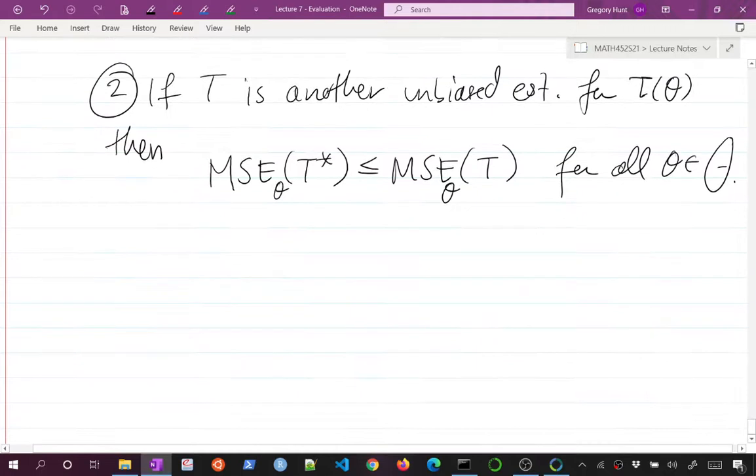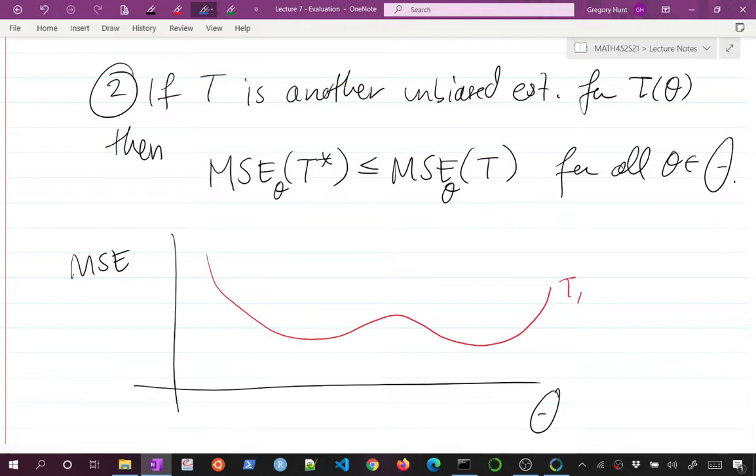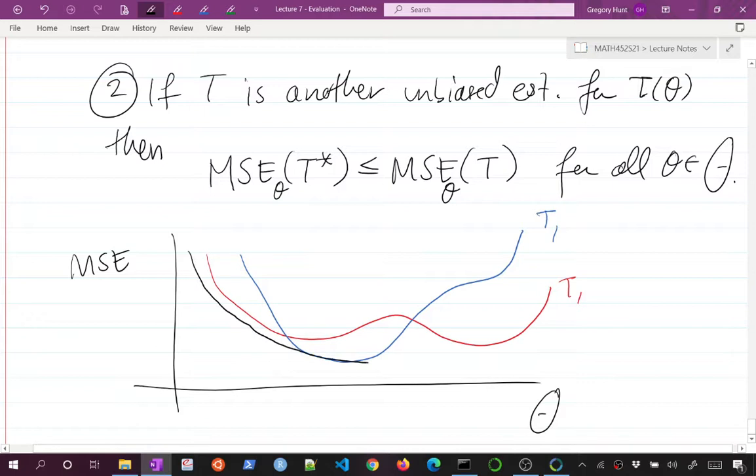So the picture you should have in your mind is that we have our space of possible thetas, we have our MSEs of our possible estimators, and so there'll be different MSE functions. Maybe this is T1, and you could have some other estimator that has an MSE function T2. Right, so this is describing the MSEs over possible values of theta. Our best unbiased estimator, let's just make sure that curve is smaller, right?